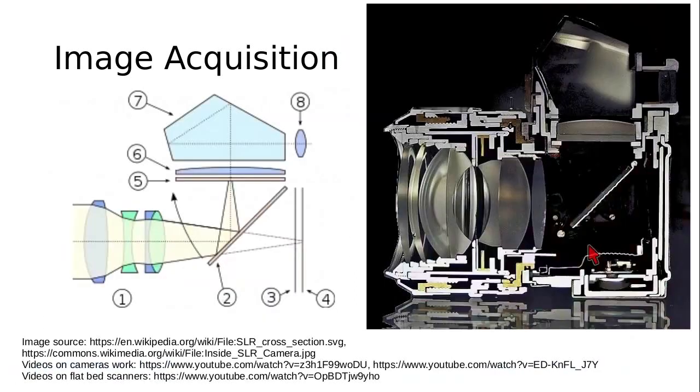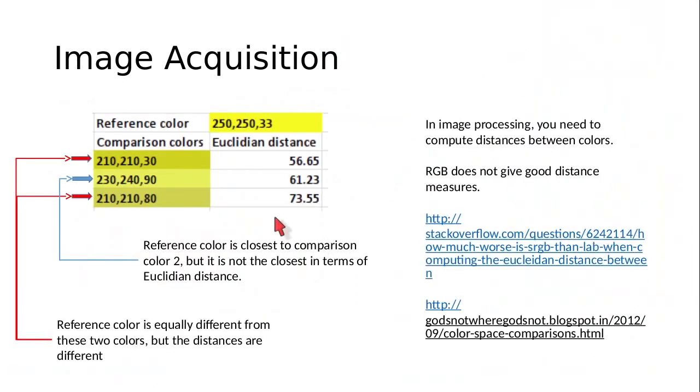We have also seen that a human being will consider color number 2 to be closer to the reference color, but according to the RGB values, these two colors are closer to each other.